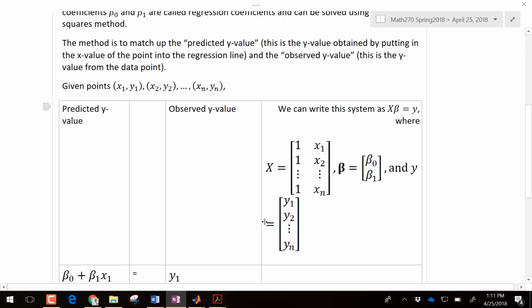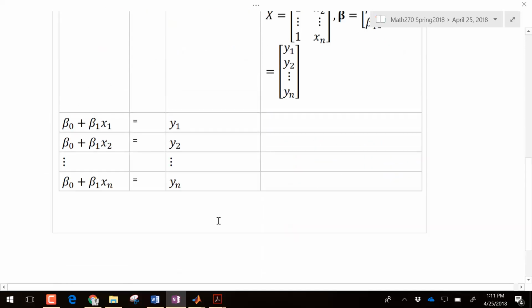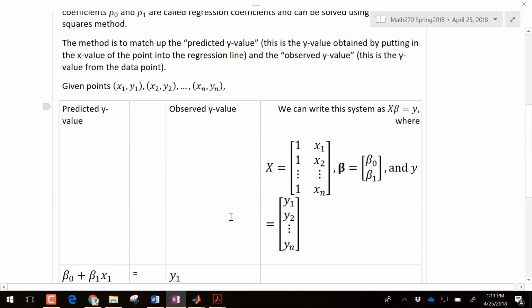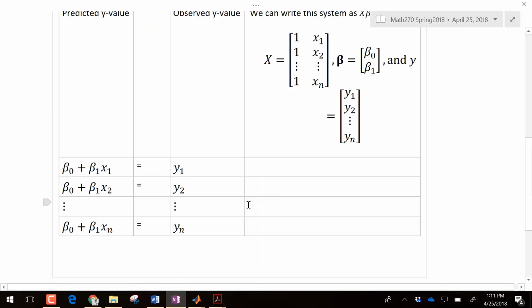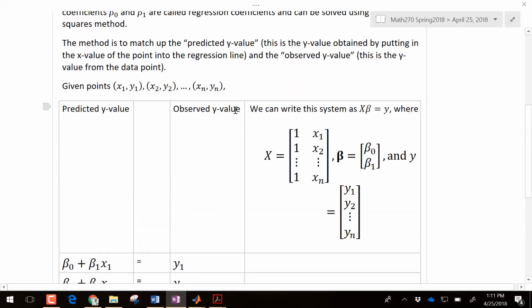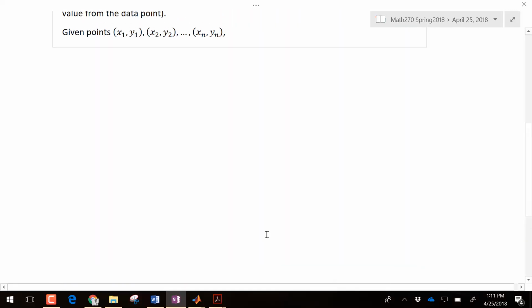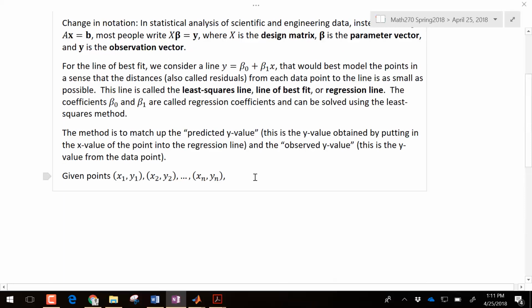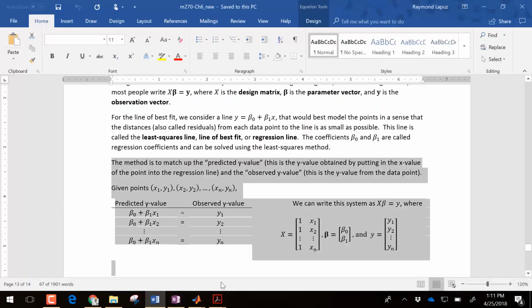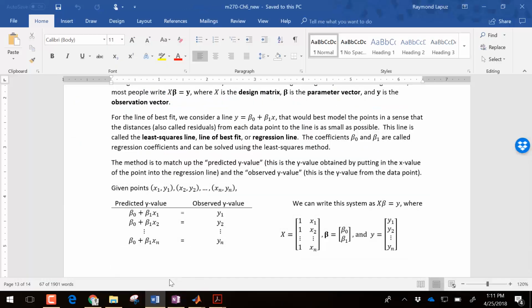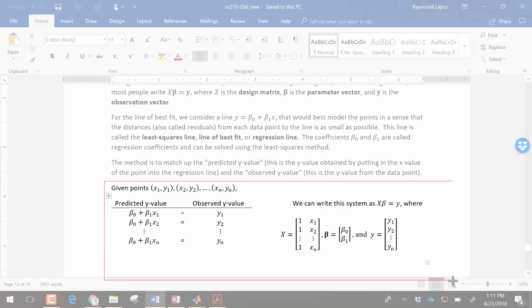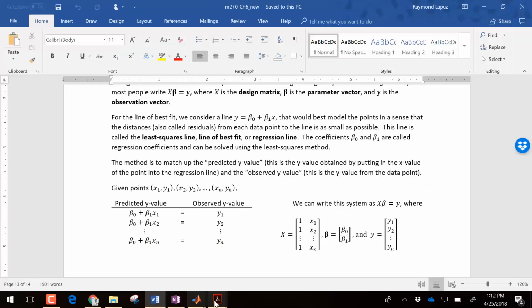Well, that's the neat thing about this, is that we could. Oh, my formatting's all messed up now. Just take a picture.